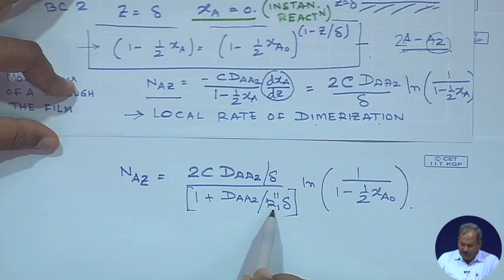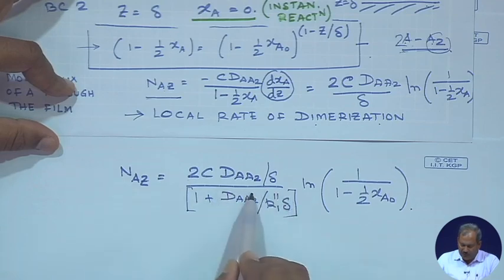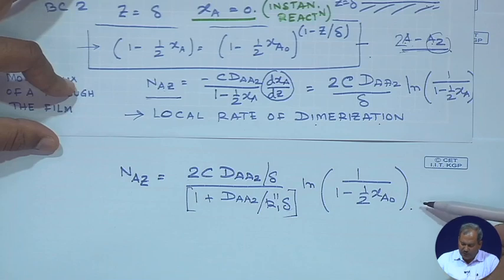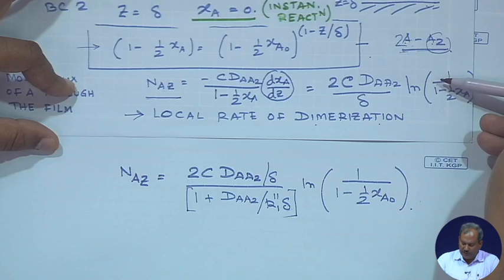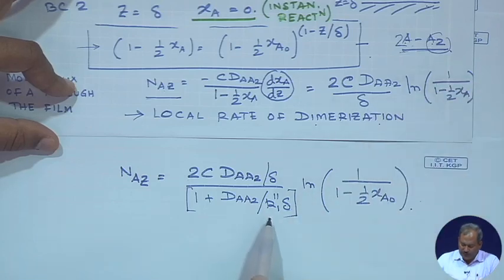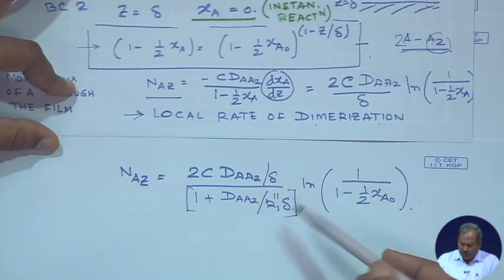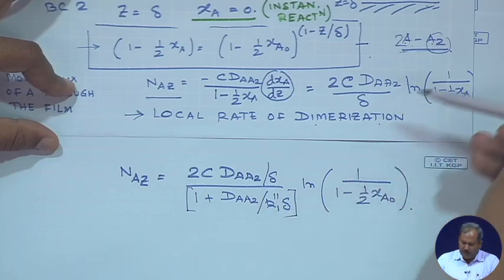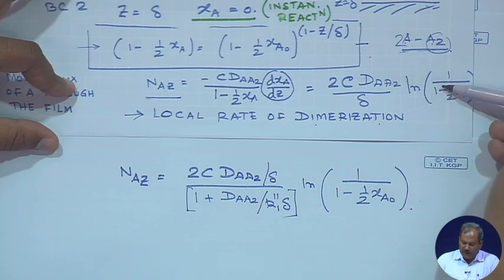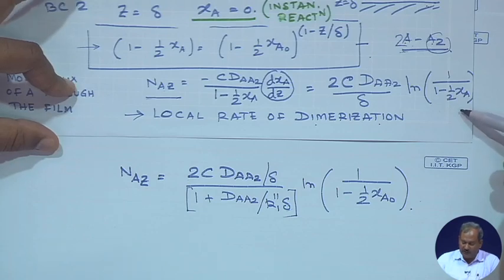Had this been an infinite reaction rate signifying that it is an instantaneous reaction, then this whole term would be 0 and this expression would revert to whatever expression we have obtained for the case of very fast reaction. So, it is always better to see that in the limiting case, when the value of K1 is very large, whether or not this expression becomes identical with the expression which we have derived based on an infinite or very large reaction rate, instantaneous reaction.